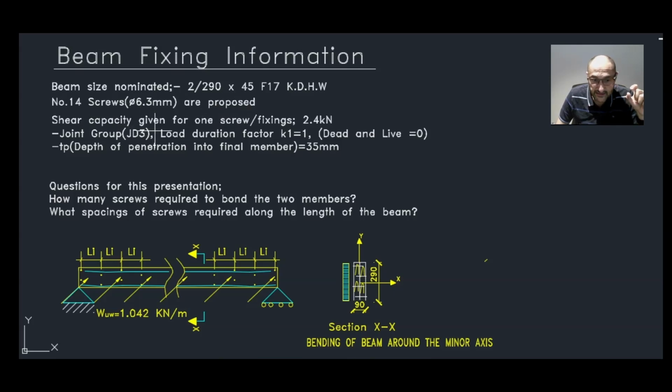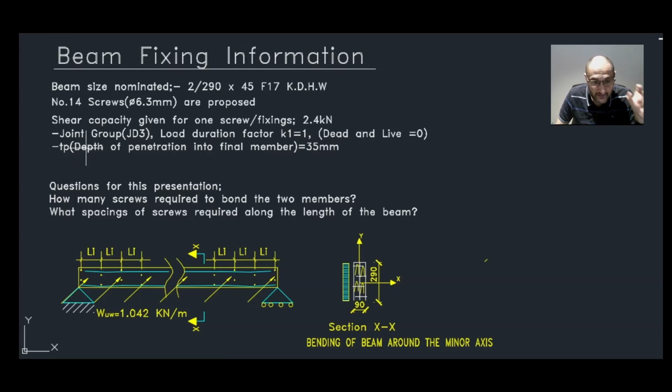Now the shear capacity given for one screw, which is for one fixing, is 2.4 kilonewton. And this is generally dependent on the joint group, which is JD3, and the load duration factor, K1, is 1 in this case, where dead and live load is 0.